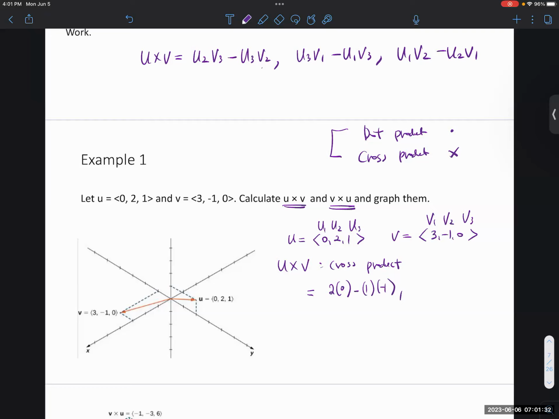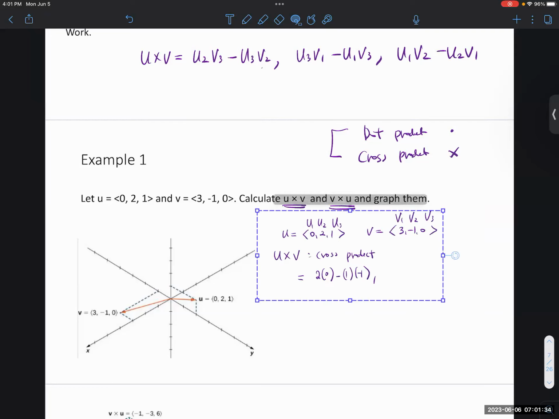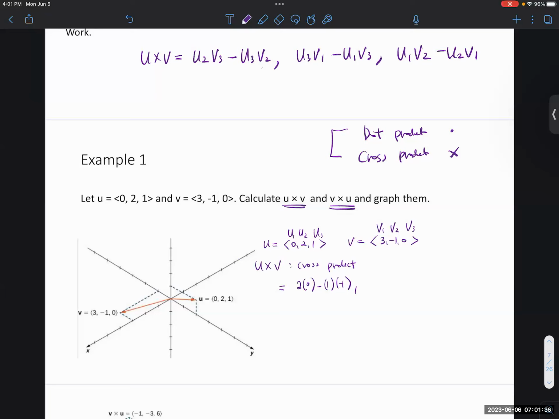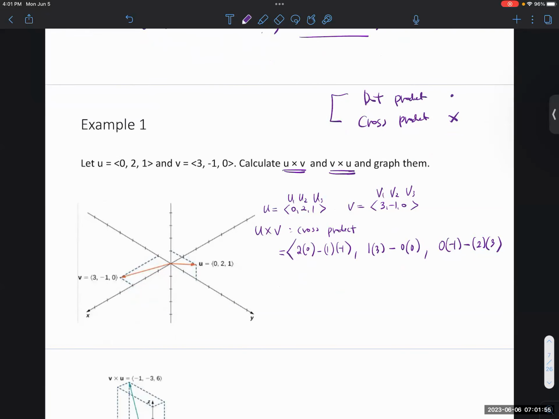This is X. And the next one: U3, 1, times V1, 3, minus U1, 0, times V3, 0. Comma, the last one: U1, 0, times V2, -1, minus U2, 2, times V1, 3. So this is your cross product.